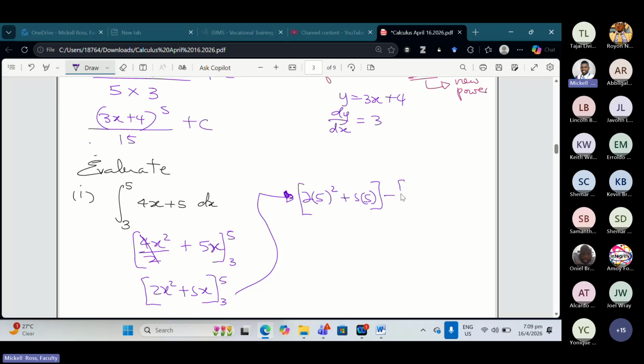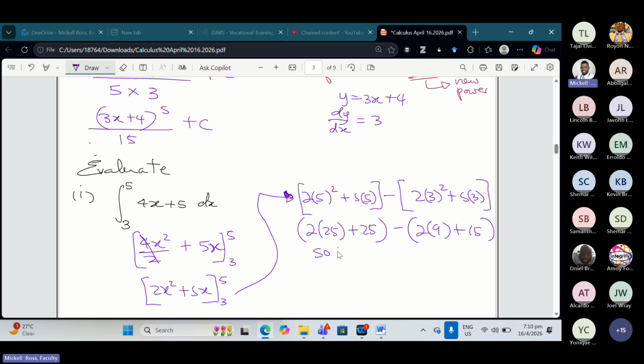And then minus 2 times 3 squared plus 5 times 3. So this is going to give us 2 times 25 plus 25 minus 2 times 9 plus 15.